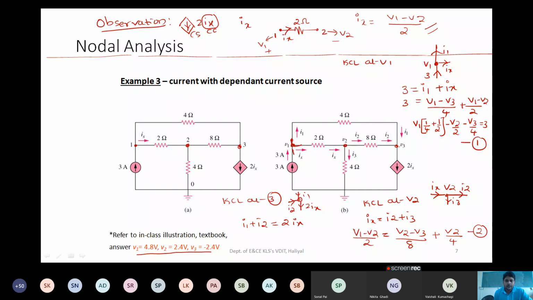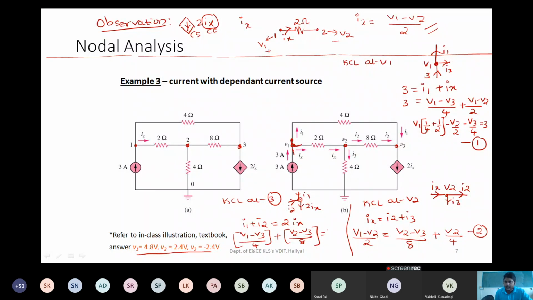And I1 we know already, it is V1 minus V3 divided by 4, plus I2, which is V2 minus V3 divided by 8, equal to 2 times Ix.